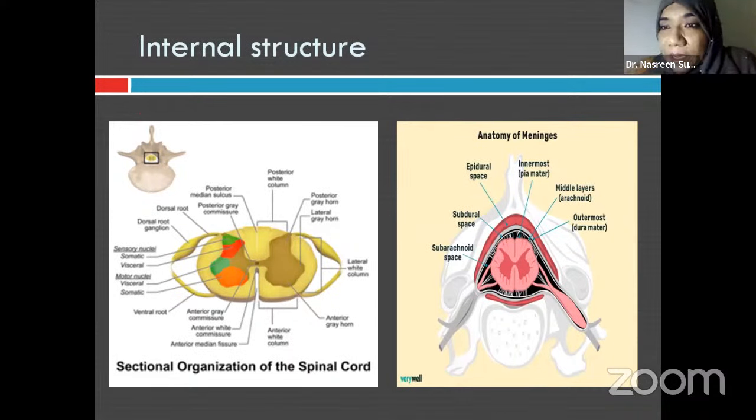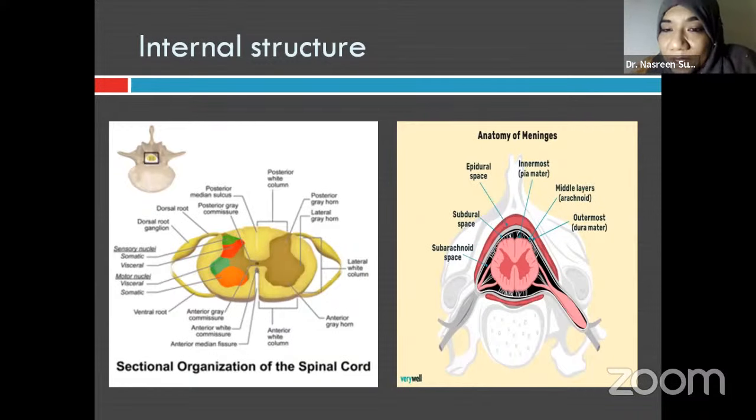Now you should remember what the spaces in between them are called. The space between the pia mater and the arachnoid mater, the space between the inner pink line and the white line, is called the subarachnoid space, because it is present below the arachnoid mater.